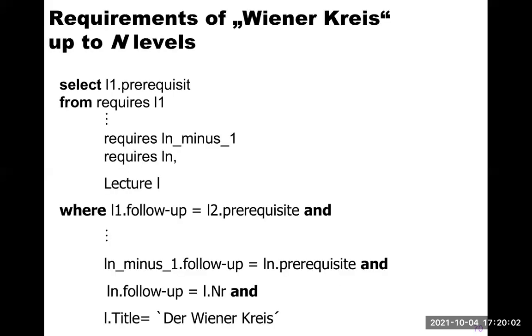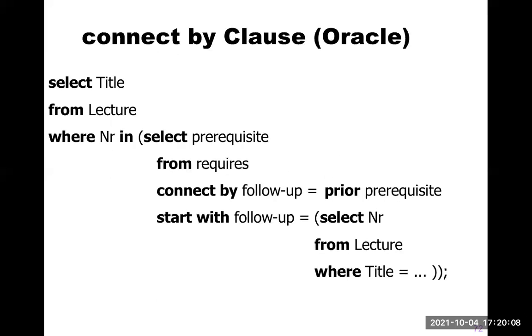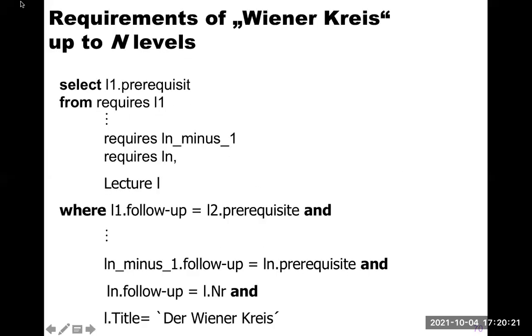But to a predefined number of steps, to a number of levels. If I can't tell in advance how deep this tree is, then I can't write such a query. It could be 10 levels or 20 or 30 or 100 or 1,000, I don't know.